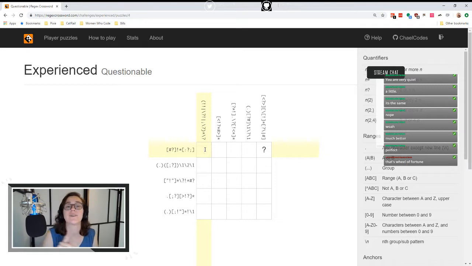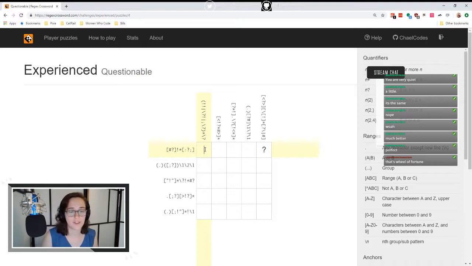Okay, so we have question mark, and then we have an exclamation mark. So this is either 2 exclamation marks or an interrobang, question mark, exclamation mark, or it is semicolon, slash question mark, which is semicolon question mark. And there's 0 or more of those. All right, so that's our vertical.